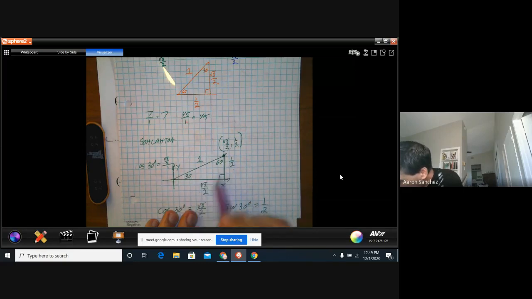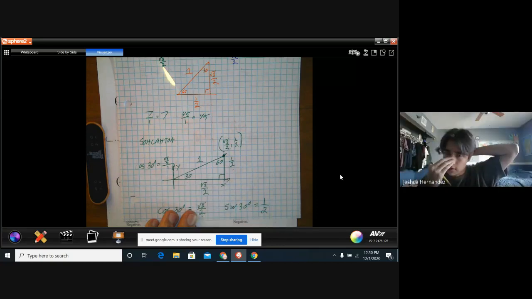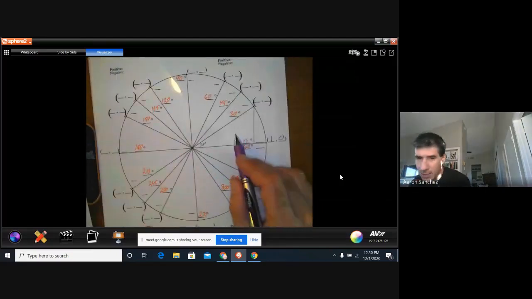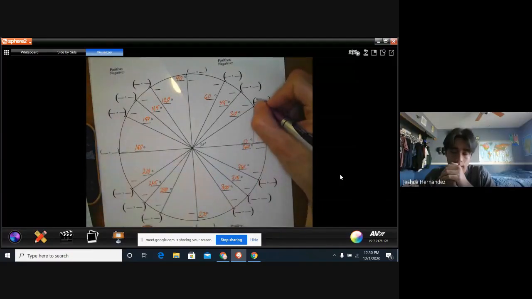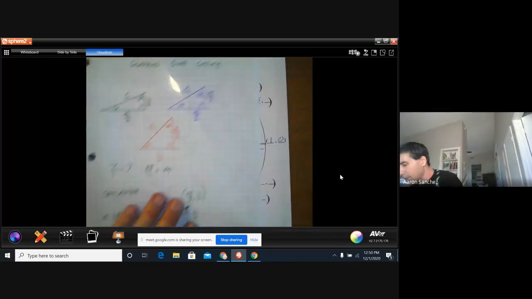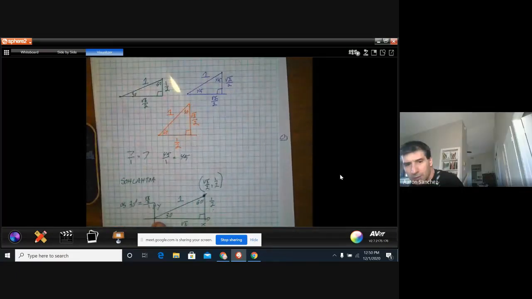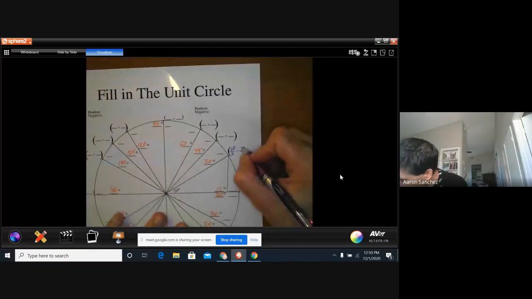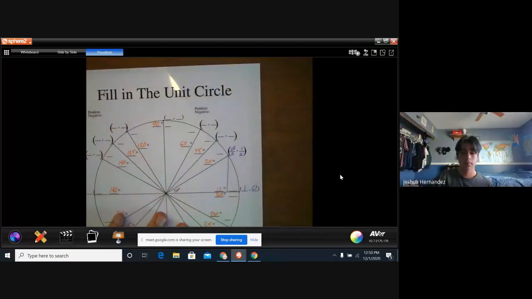Based on my 30, 60, 90 triangle, this being 1 unit, what's my x? √3/2? Yes. So I go over √3/2. It's the same thing here. It's the same triangle. Then what's my y? 1/2. How far do I go? 1/2. So make sure you put √3/2 and 1/2 right there.